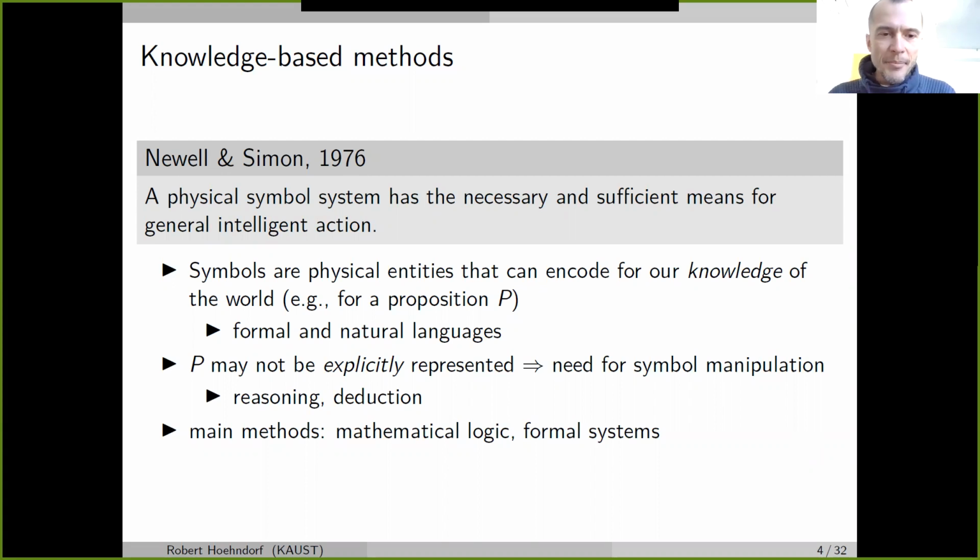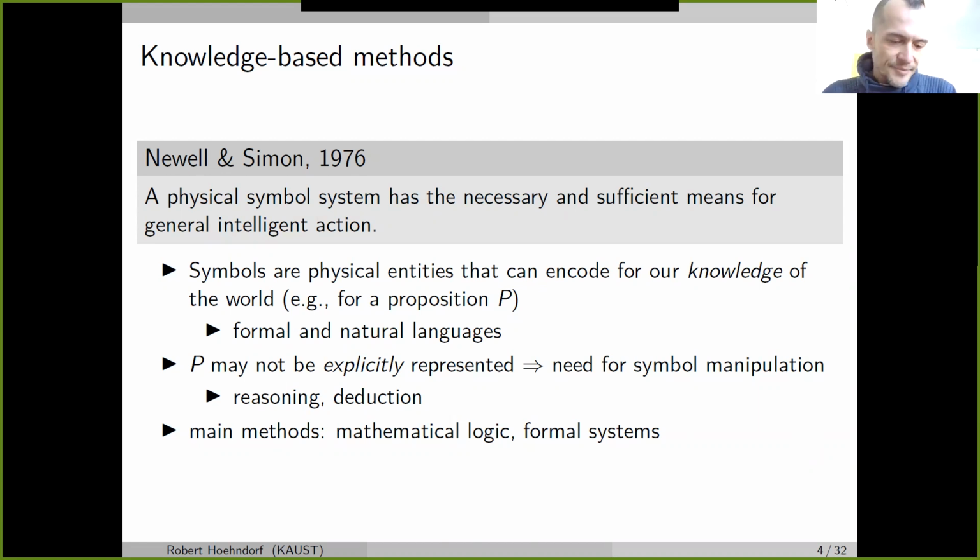And the main implementations of physical symbol systems that we apply in computer science are based on mathematical logic or similar formal systems, which we can describe or characterize using mathematical logic.